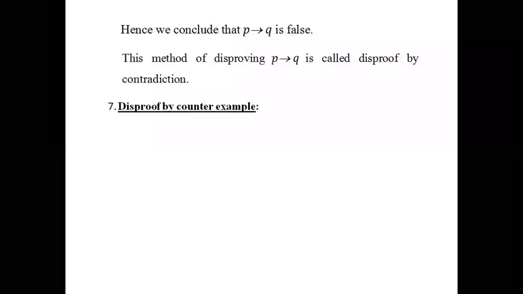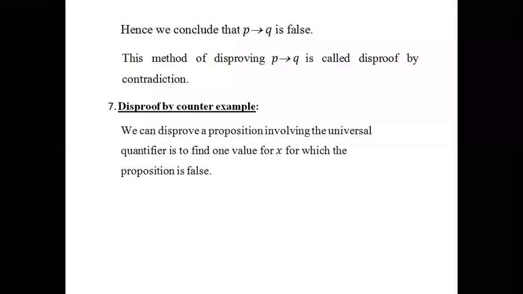Next is the disproof by counterexample. We can disprove a proposition involving the universal quantifier by finding one value of x for which the proposition is false. So we will find one such example, picking an element from the universe, and prove that the proposition is false.